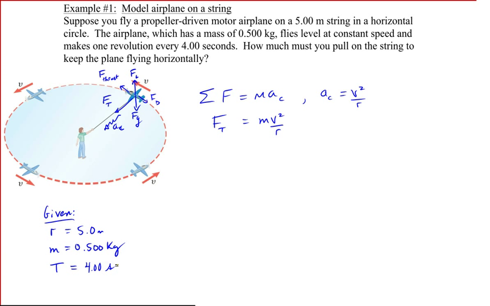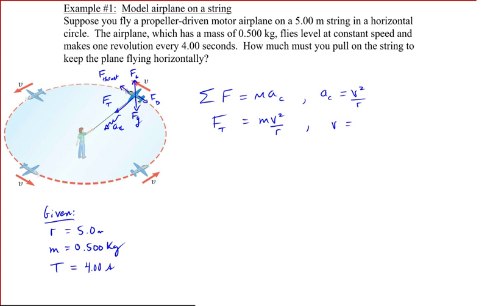Is there anything else that I'm missing here? No. So I know the mass, I know the radius, I don't know the speed. But I could calculate the speed. Remember, the speed is given as the distance that it travels in a circle divided by the time. The distance that it travels in a circle is called the circumference.